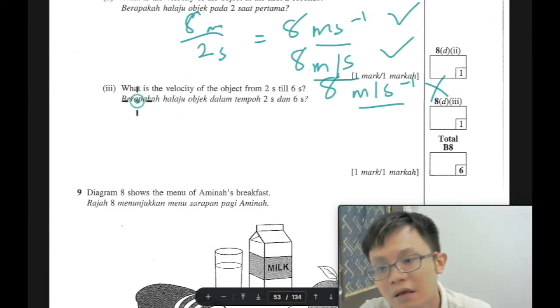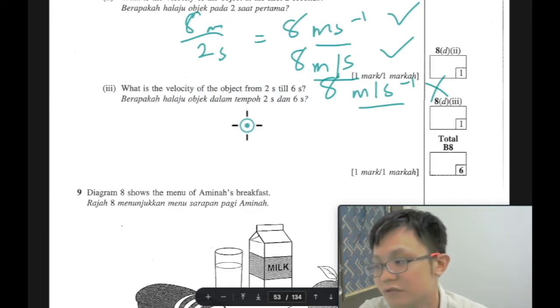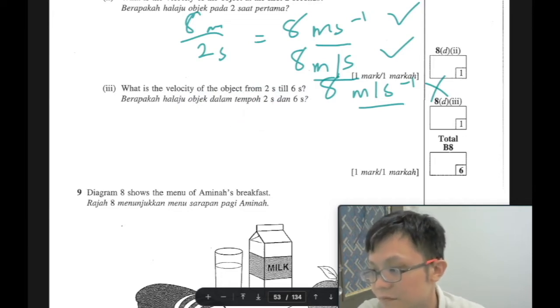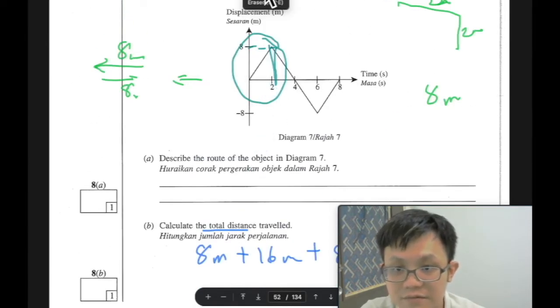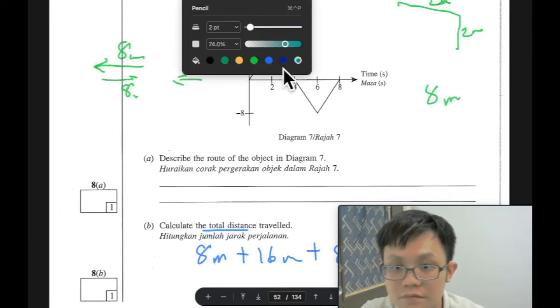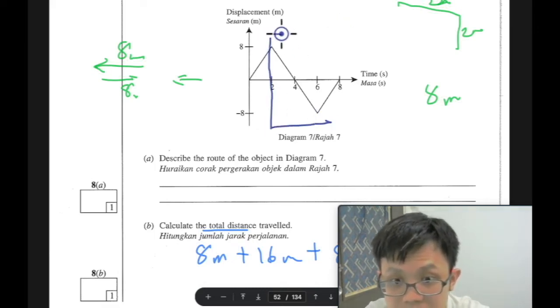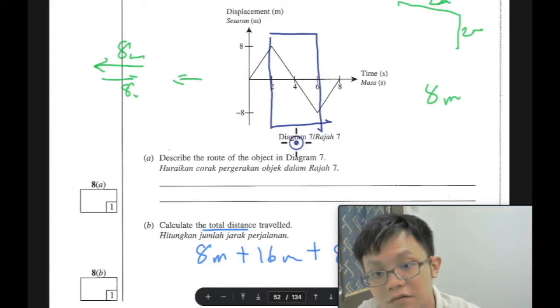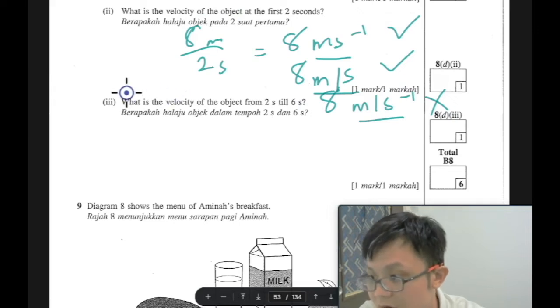It's not worth it. What is the velocity of the object from 2 till 6 seconds? 2 to 6 seconds. So distance divided by time, correct or not? So 16 over 4.